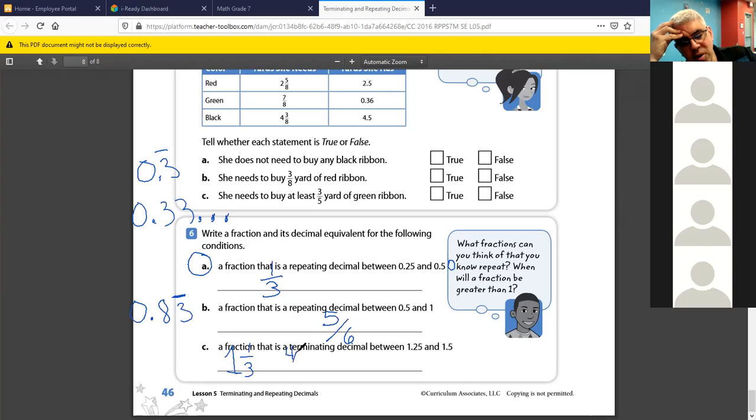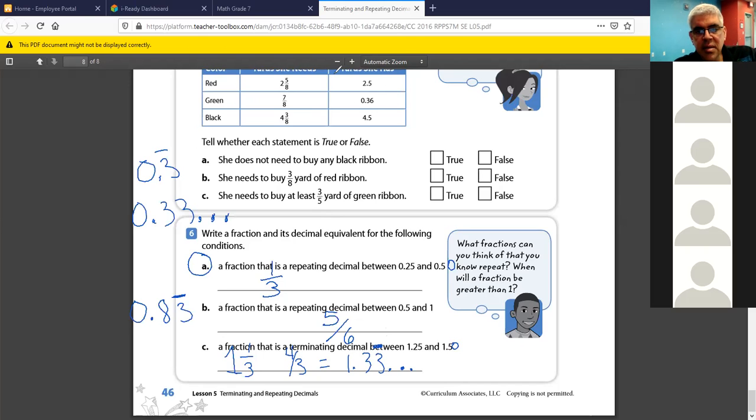So the fraction 4/3 is going to be equal to 1.33 repeating, and this is higher than 1.25 but lower than 1.5. So nobody said you couldn't use an improper fraction. So that's fine. You don't have to copy those. We just wanted to think together, okay?